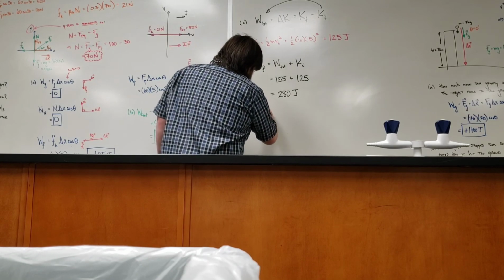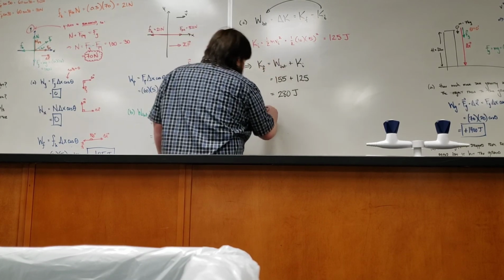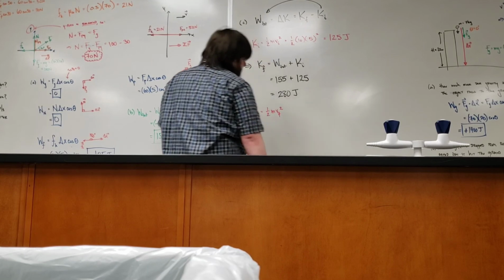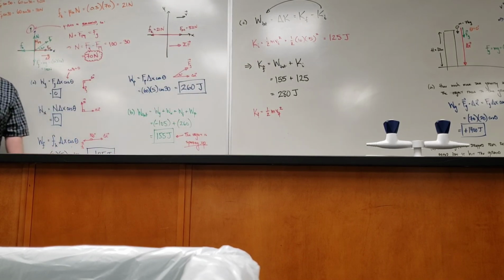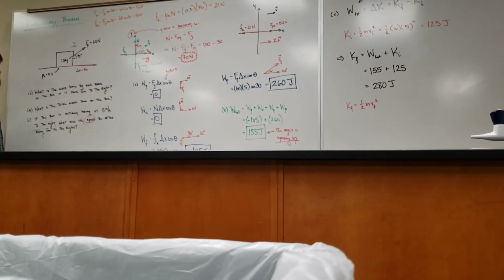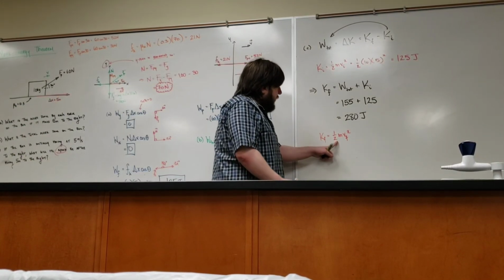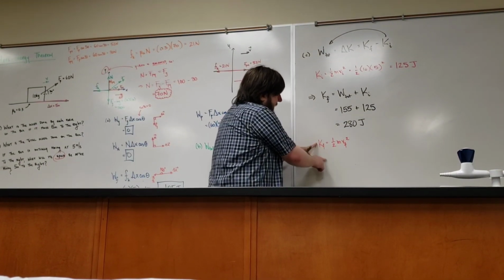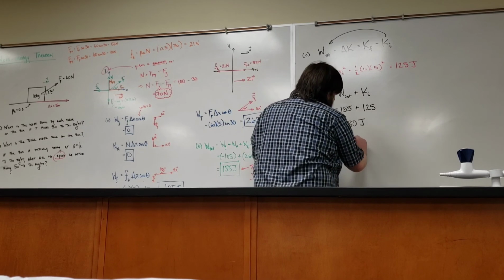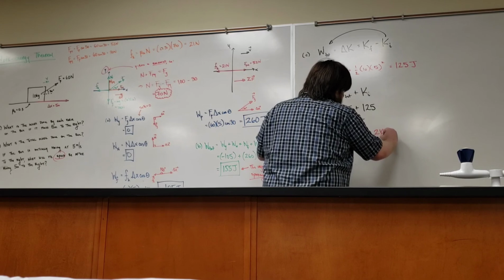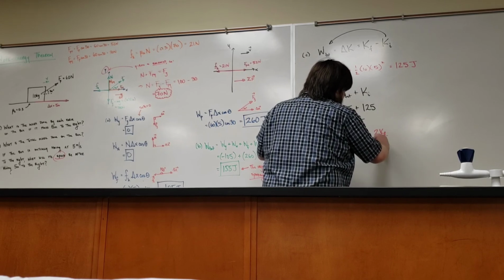The final kinetic energy, by this formula, is 1/2 times mass times the final speed squared. Remember, the problem didn't ask for the final kinetic energy. The problem asked for the final speed. We multiply the 2 up, divide by the m, and take the square root. So the final speed is the square root of 2 times the final kinetic energy divided by m.